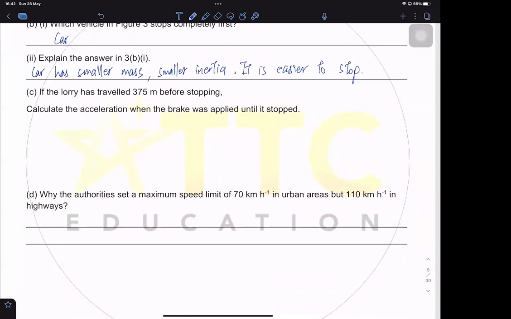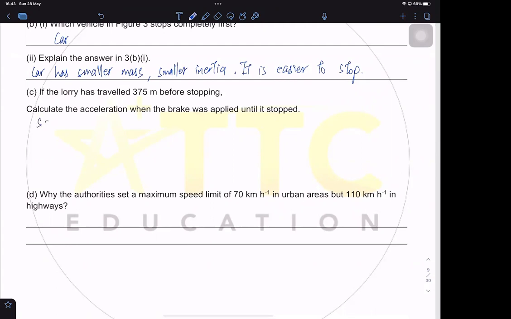If the question talks about distance, acceleration, time, velocity, when you see at least two of these things together inside the question, you can start to assume it's a SUVAT question already.